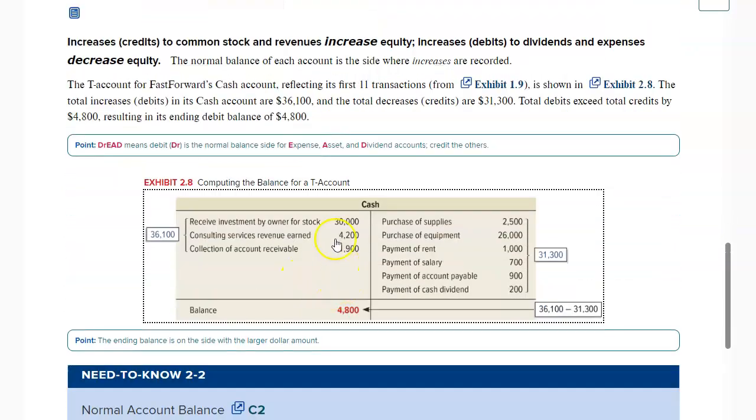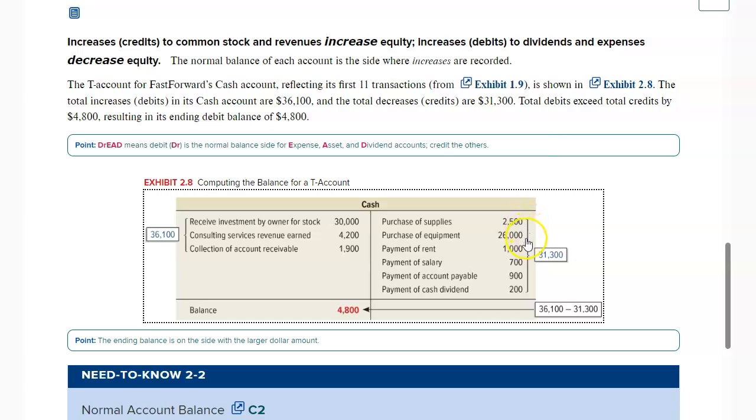So here's a T account. You can see $30,000 over here, then $4,200, and then $1,800. On the other side, this is an investment in the company by the owner, revenue earned, collection on account receivable. On the right side, the credit side for cash, this is the decrease side.